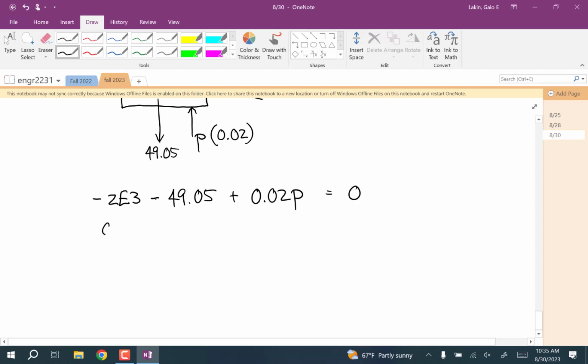So we got 0.02 P is equal to 2049.05. So 50 times that, I could almost do that. 102,452.5 pascals. Okay. So that has to be the pressure in the gas.